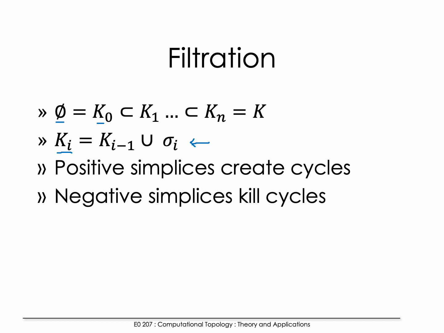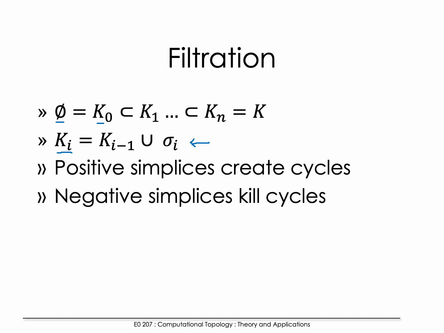Remember, we have seen such a construction in the algorithm for computing Betti numbers. So in that algorithm, we have also seen that the simplices, when you insert them, either create a cycle.